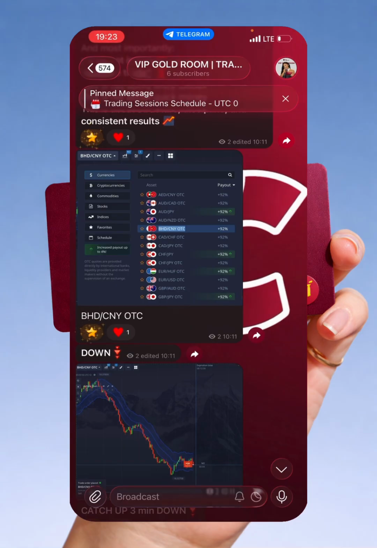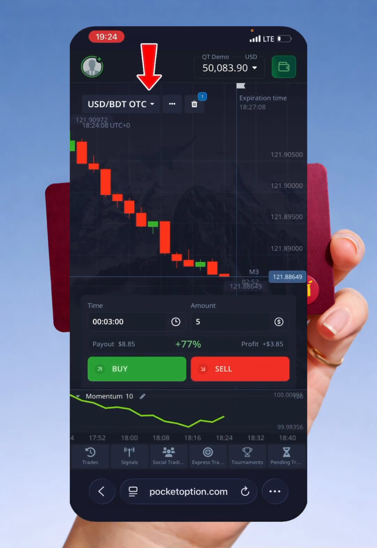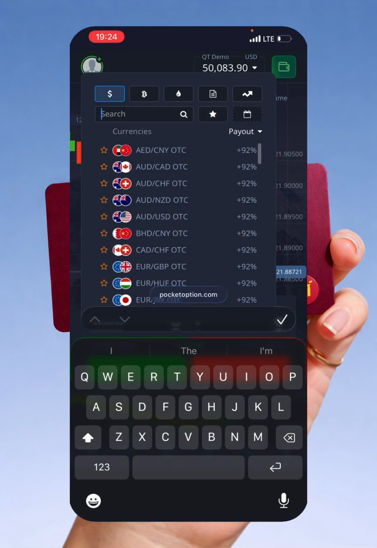Now let's go back to taking my signal. I drop a signal and I tell you, look, I am taking BHDCNY OTC. After I have analyzed the market, I share the screenshot with you and I tell you, look, I am going for the downtrend. You also want to make sure that you are taking the downtrend immediately. So what you're going to do is go to your broker and make sure that you are taking BHDCNY.